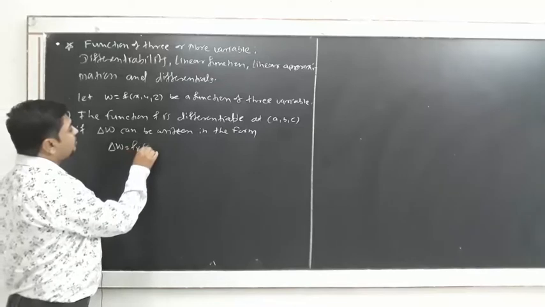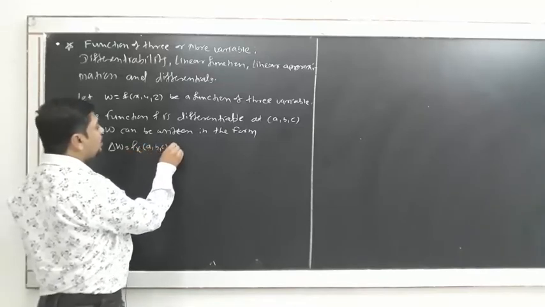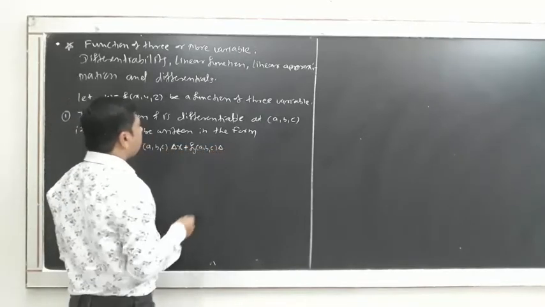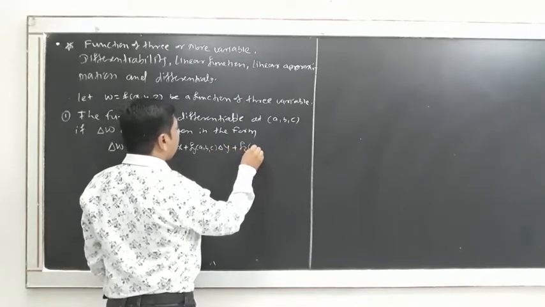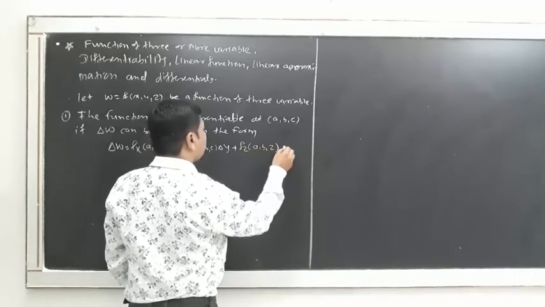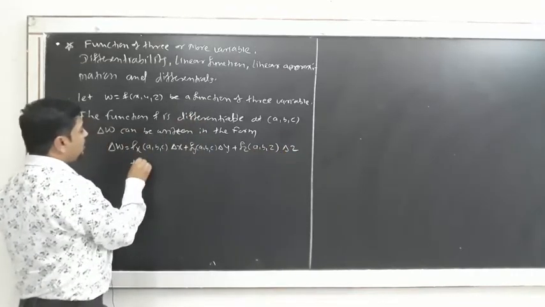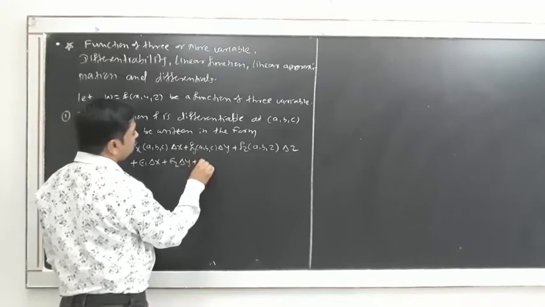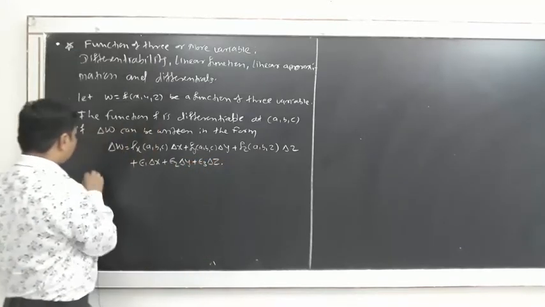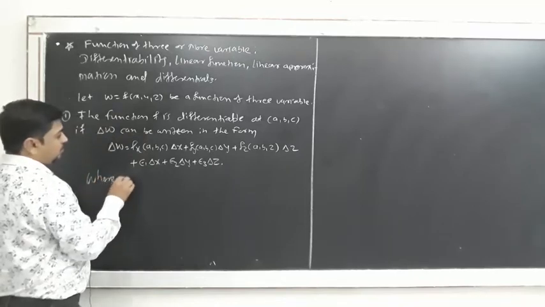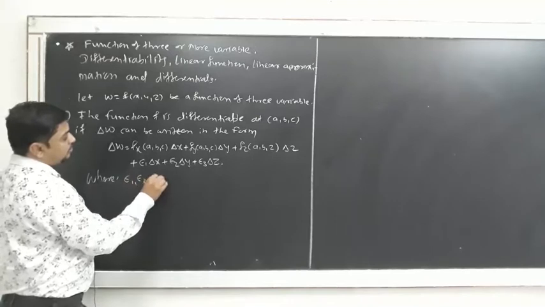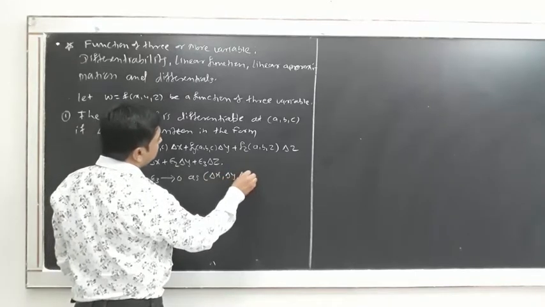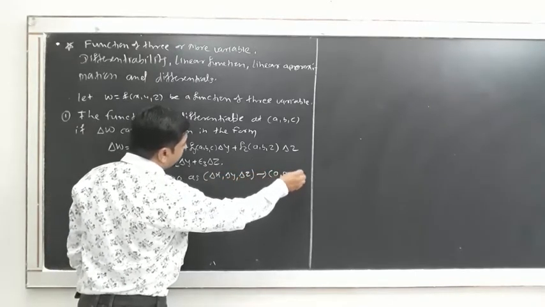Delta w equals fx at (a, b, c) times delta x plus fy at (a, b, c) times delta y plus fz at (a, b, c) times delta z, plus epsilon 1 delta x plus epsilon 2 delta y plus epsilon 3 delta z, where epsilon 1, epsilon 2 and epsilon 3 tend to 0 as delta x, delta y, delta z tend to 0, 0, 0.